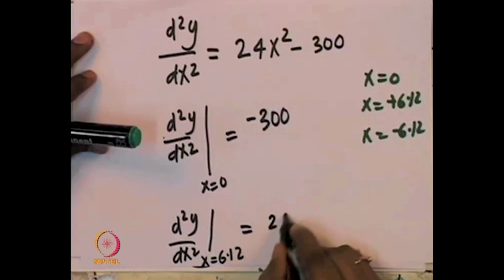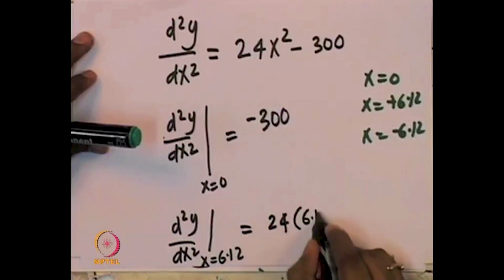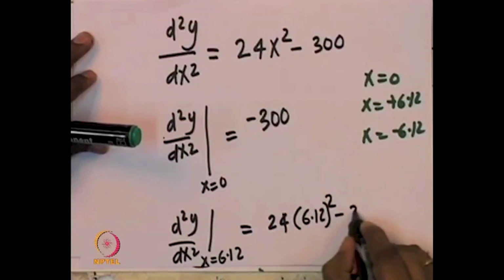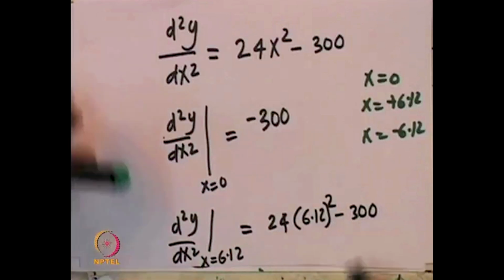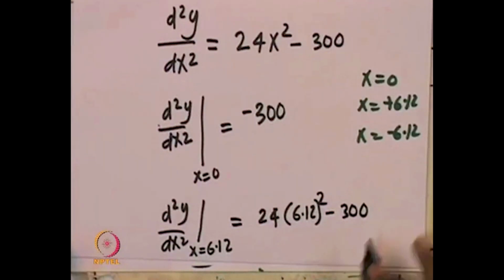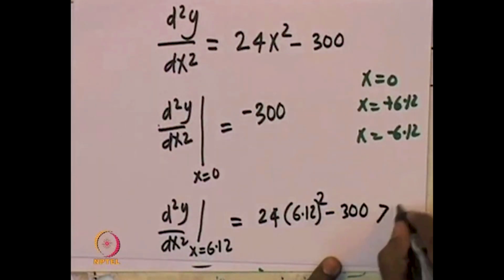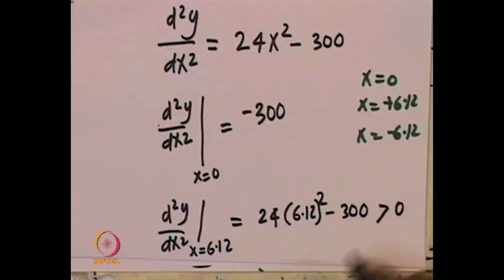So we will have 24 into 6.12 whole square minus 300. If you evaluate this, do it yourself, you will find that this is greater than 0. What does it mean? The second derivative is greater than 0, which means it is a minimum.